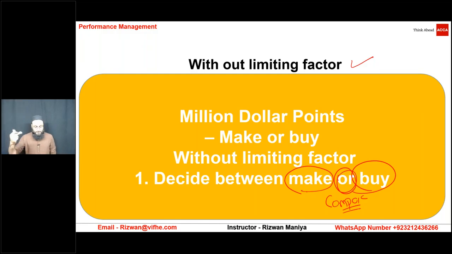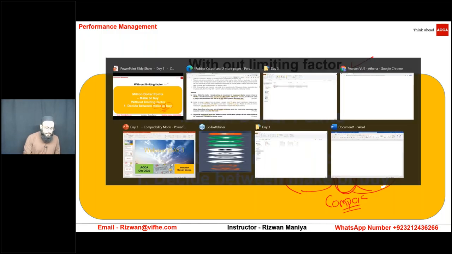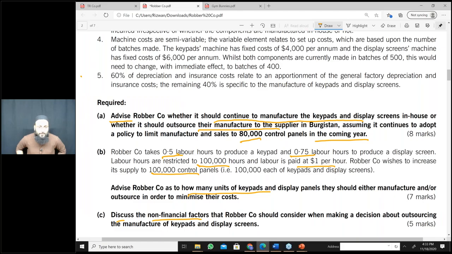Okay. Now let's do one more thing. Is the first requirement with limiting factor or without limiting factor? So if you just observe here, if you're very smart in your paper, you can easily figure out that part B is basically putting a restriction of 100,000 labor hours. Part B is putting the restriction, which means part B is with limiting factor because there is a restriction here, whereas part A is without limiting factor.